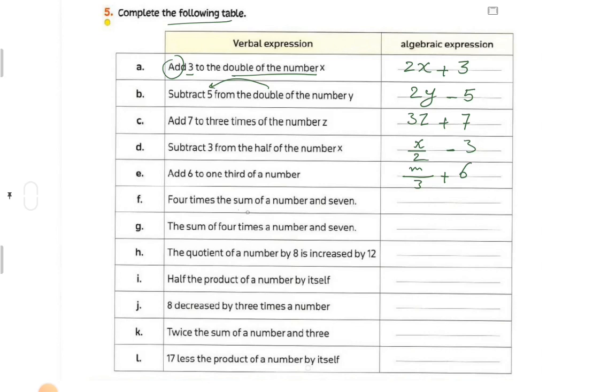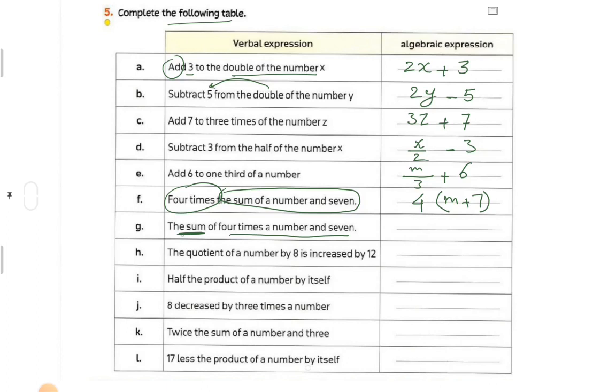4 times the sum of a number and 7. 4 times the sum. Note, 4 times what? The sum of a number and 7. So the sum of a number and 7, any number like m plus 7, in brackets. 4 times the sum: 4 times (m plus 7).